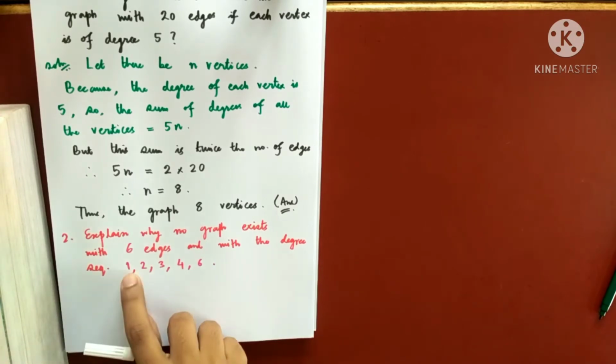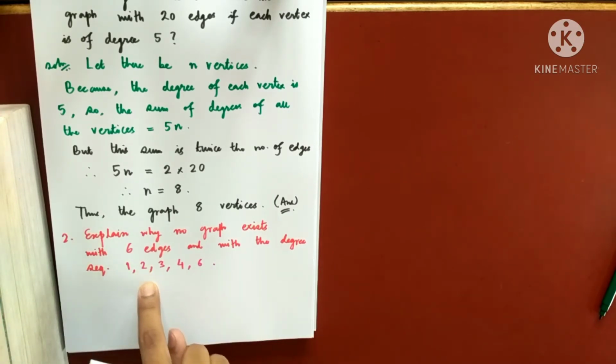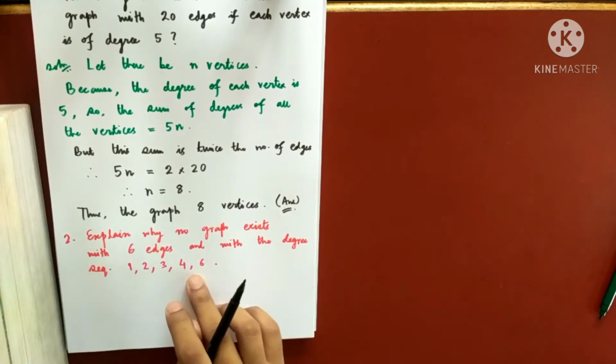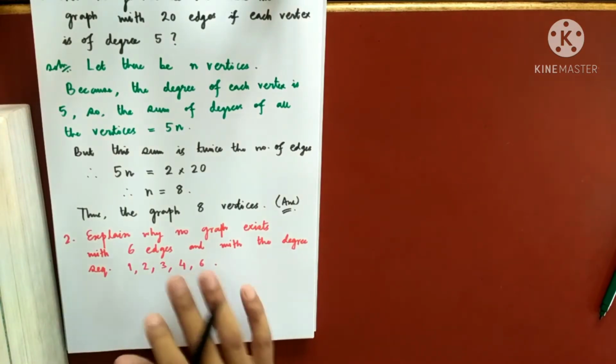So let's add: 1 plus 2 is 3, 3 plus 3 is 6, 6 plus 4 is 10, 10 plus 6 is 16. It is an even number, so there is no problem with the degree sequence. If this were not even, then no graph could exist, as I had done in the previous class.